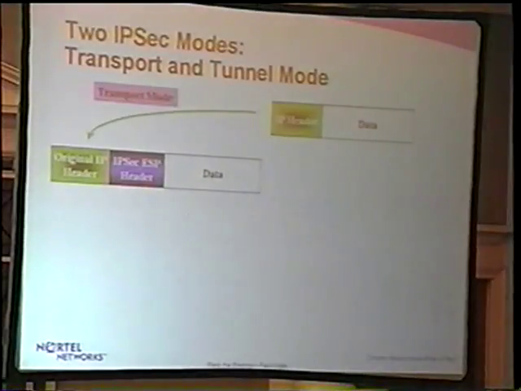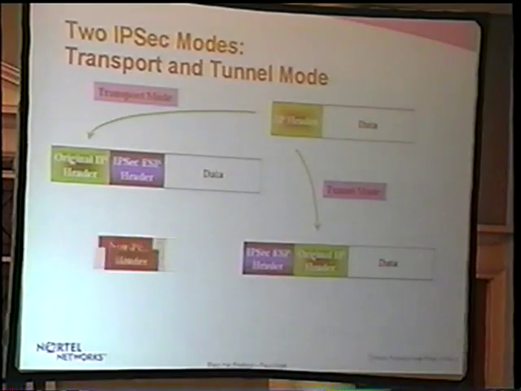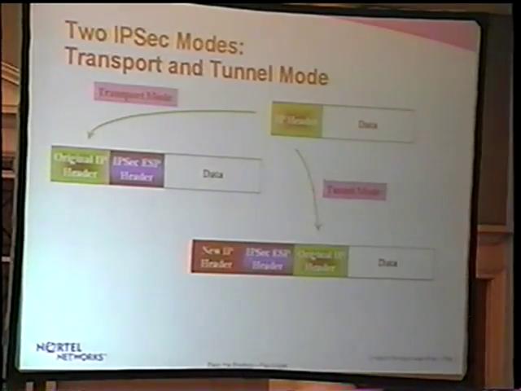And then you have your data following. In most cases, your data is going to be encrypted, of course. In tunnel mode, you take your original packet, and it becomes the data for a new packet. So you have a new IP header. The source and destination addresses there are going to be your IPsec gateways. So your source gateway and your destination gateway.